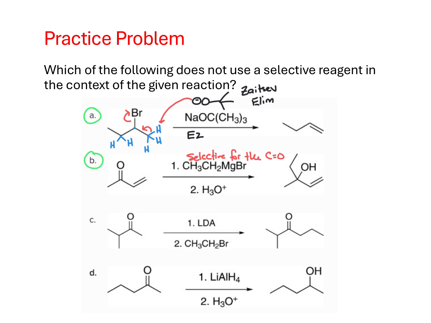C, LDA being a base has the potential to deprotonate at either of the alpha carbons, here or here, to form an enolate. What we see in the product is that the new ethyl group was selectively added to this side.